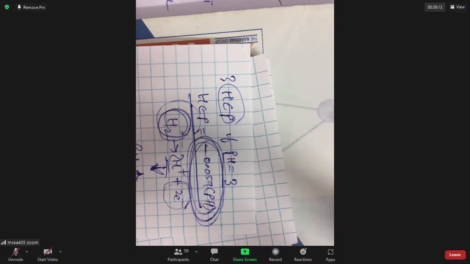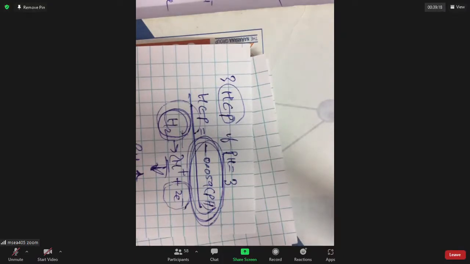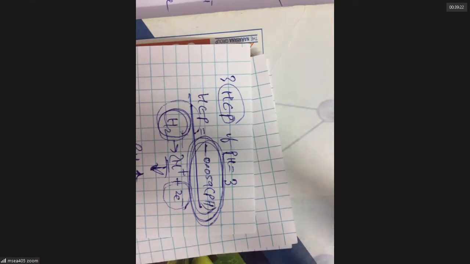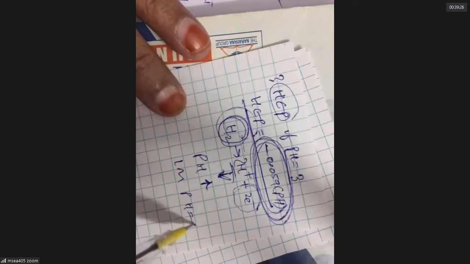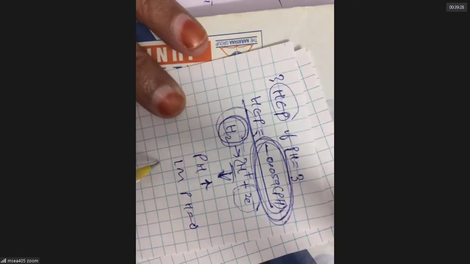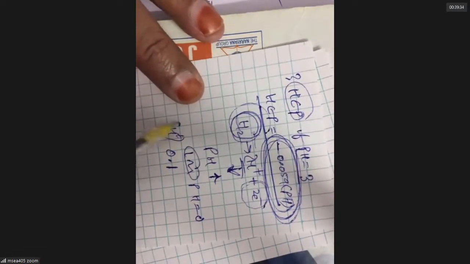So I can make the hydrogen electrode potential negative either by decreasing H plus. Decreasing H plus means, if H plus is 1 molar, pH is 0. If H plus is decreased to 0.1 molar, it can be written as 10 to the power minus 1.